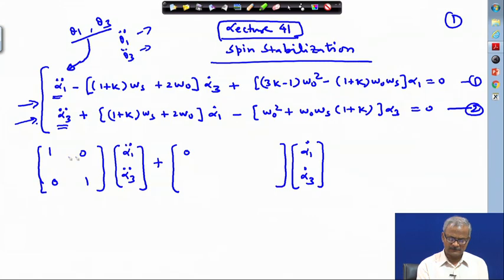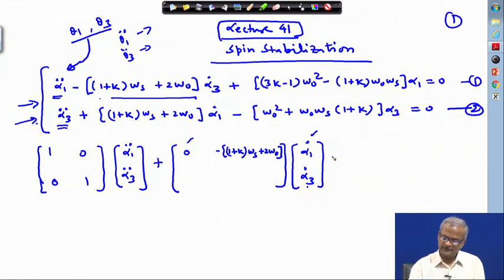You can see that if we multiply this matrix, it will come as alpha 1 double dot, which is in the first equation. Similarly, we should get this term. So, here we will have minus 1 plus k times omega s plus 2 omega 0. Here this multiplied with this becomes 0, so only this term remains. So, we recover this term here, and similarly the third term we need to get here.